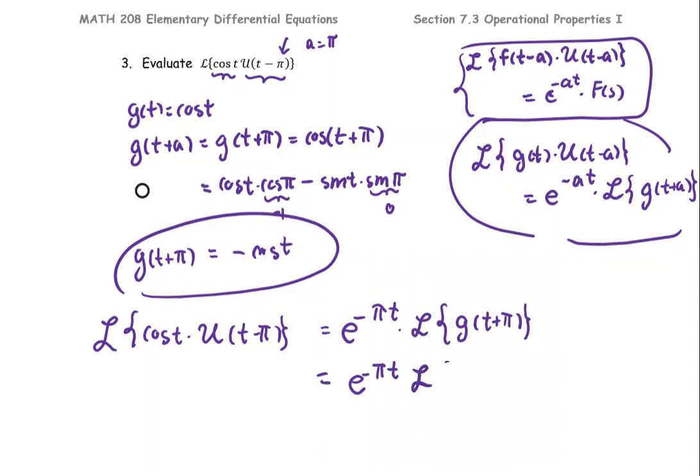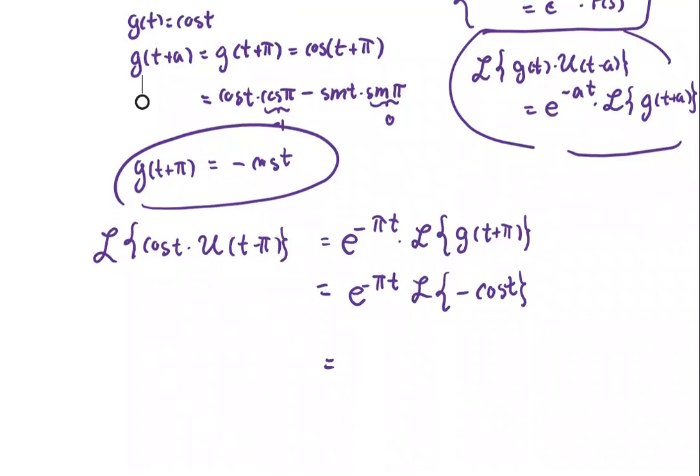As g of t plus pi is negative cosine t, we just use the constant multiple property. So negative is pulled out to be the coefficient. So negative e to the negative pi s multiplied by the Laplace of cosine t.